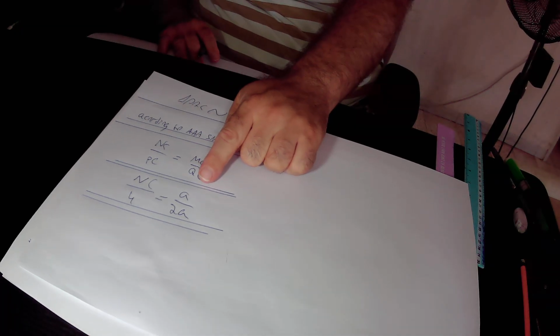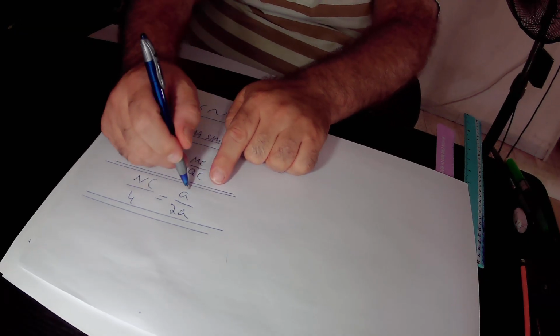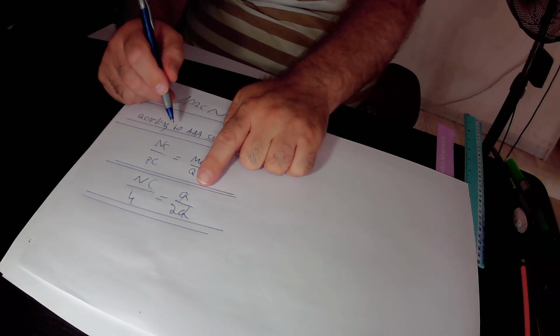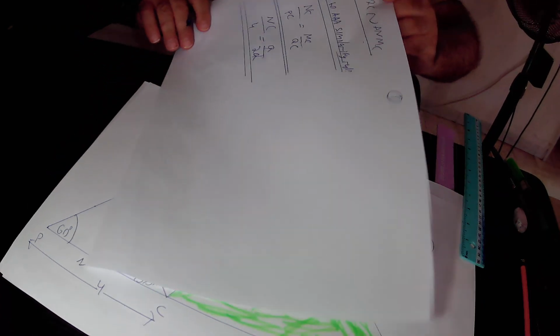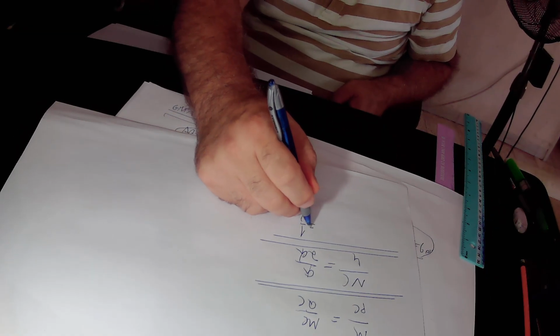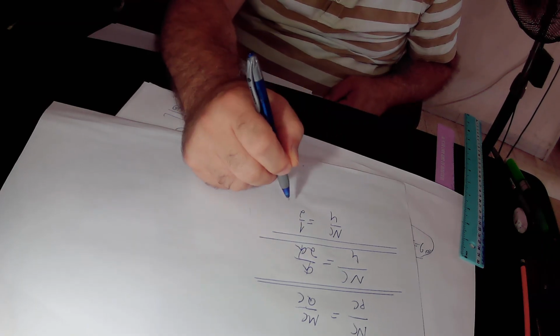So here we have A in the numerator and A in the denominator, so A will get cancelled. So on this side of the equation we are left only with 1/2. 1/2 equals NC over 4, or NC over 4 equals 1/2.